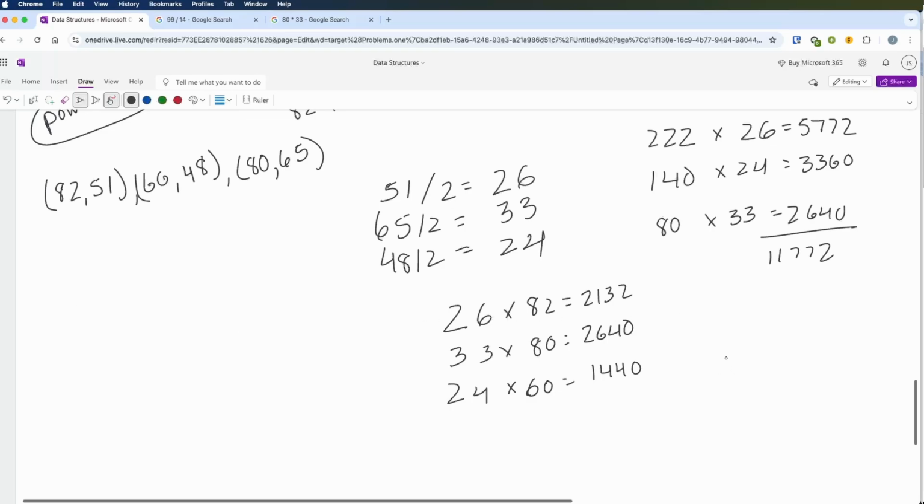So why doesn't this work? Let's say the number of turns you can eliminate it in, right?